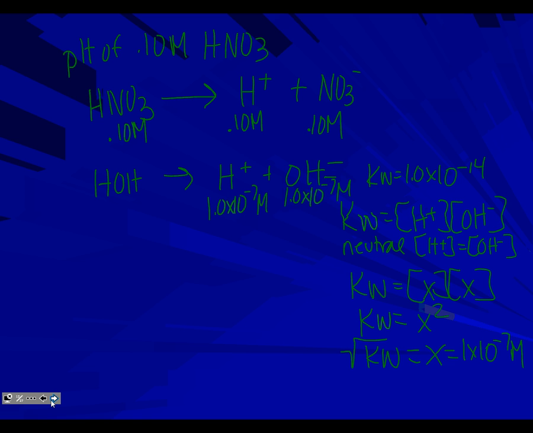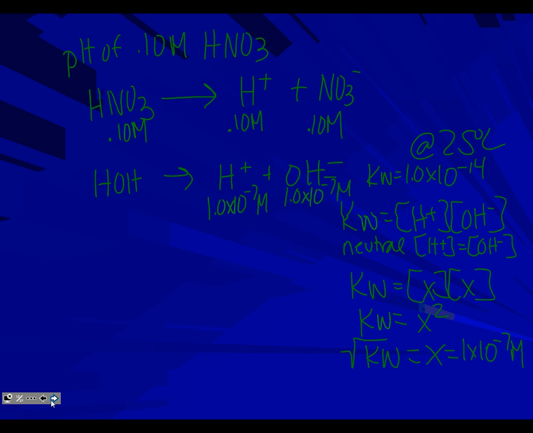So now we know the concentration of our hydrogen ions and our hydroxide ions for our water. And remember, most of these problems are going to be at 25 degrees Celsius. So I would memorize the fact that the concentration of hydrogen and hydroxide are 1.0 times 10 to the negative 7th molar, because once again, 99% of the time, that's the way it's going to be anyway.